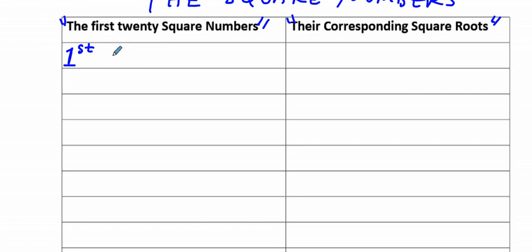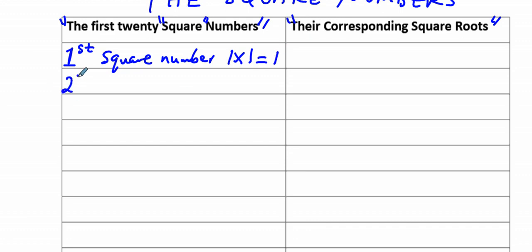So if I'm looking for the first square number, what we basically do is you take the position, which is 1, multiply by itself, because we are talking about the square of a number. So if you are looking for the first square number, you do 1 times 1, and this gives you 1.